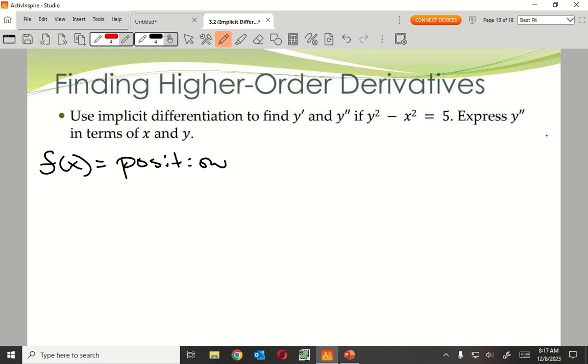Okay, so it's normally an s of t, which is position over time, right? So if I take the derivative of the position, I get velocity, so I get v of t.